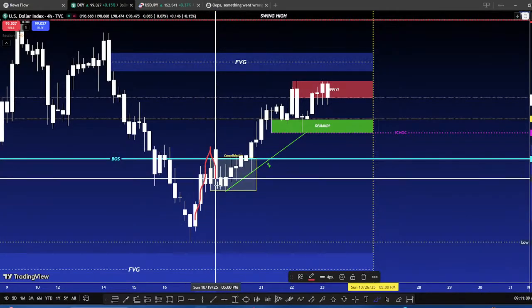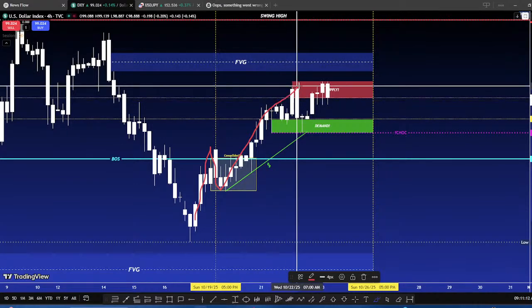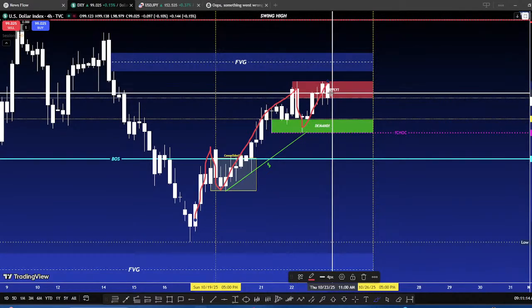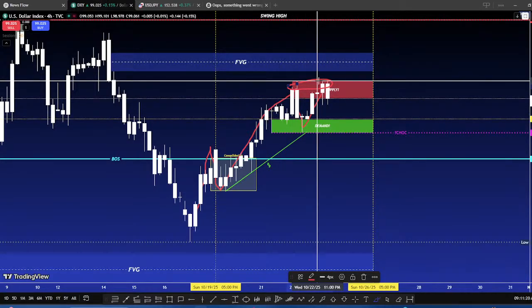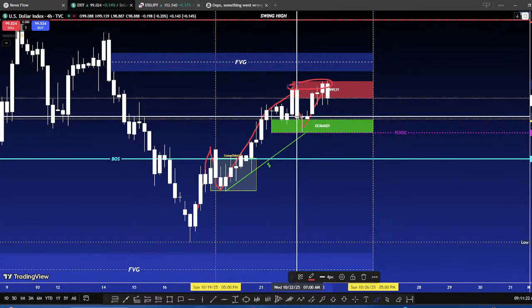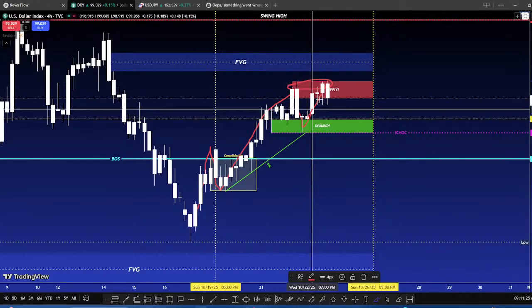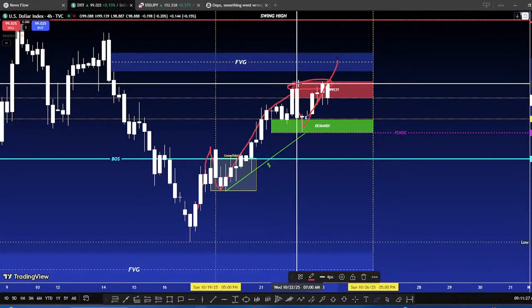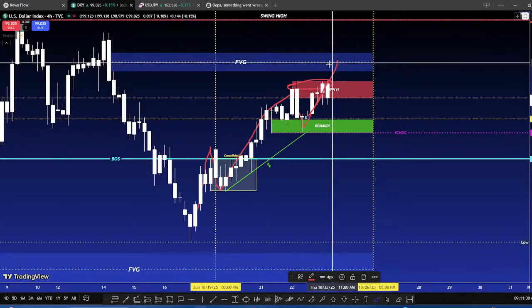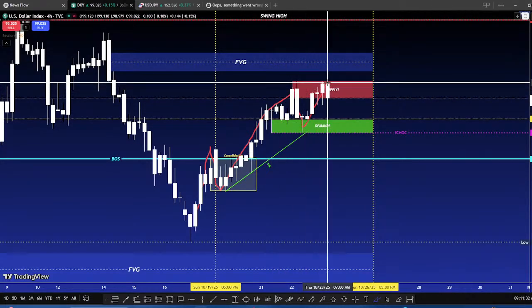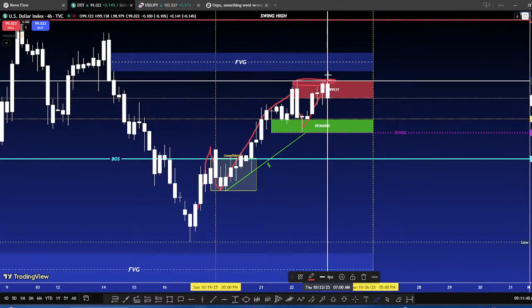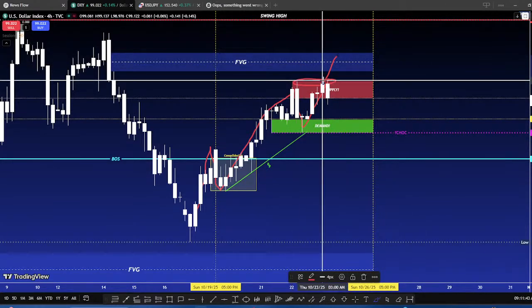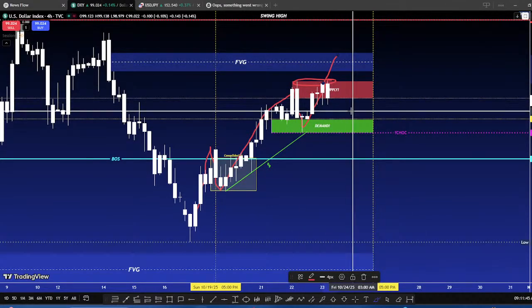So here's your run, here's your pullback, here's your run, all the way, here's your pullback, here's your run. And so now, this is where it's kind of giving us the notion that it's failing to get higher, because once we were here, we should have gotten to here, right? We should have broke this high and gotten up to this area, right? So because we didn't do that, it begs the question, well, hey, what's going on right here? Why are you facing more bearish pressure instead of breaking through and getting higher? That's just something to pay attention to.